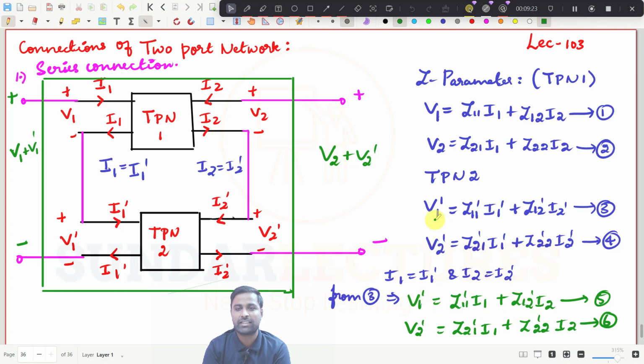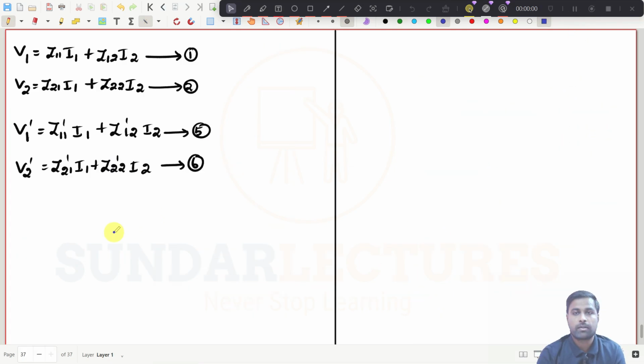What you will get? See, I will go to the next page now, and then I will write it down. Okay. Now see here, you have to add equation number 1 and 5, this one and then this equation, right? So what will you get? It will be V1 plus V1 dash on the left hand side. And you see both are same, right?